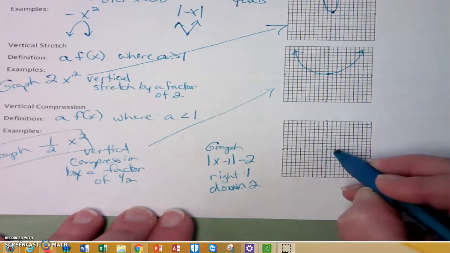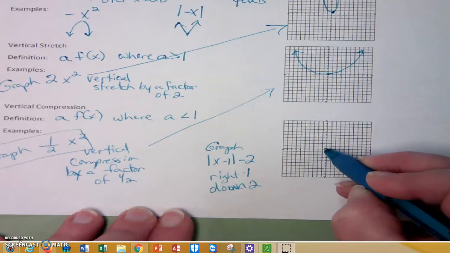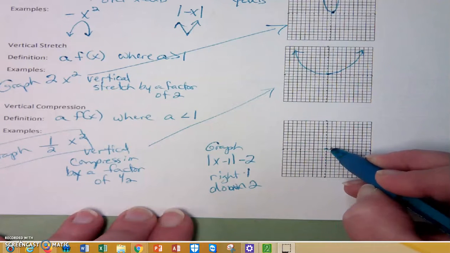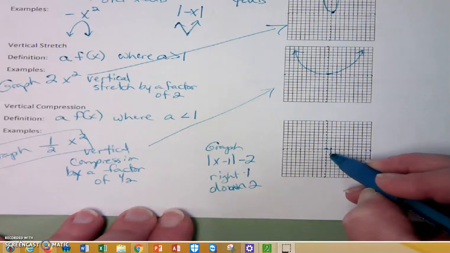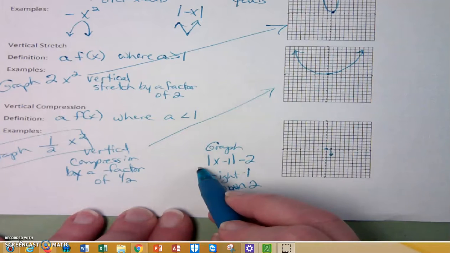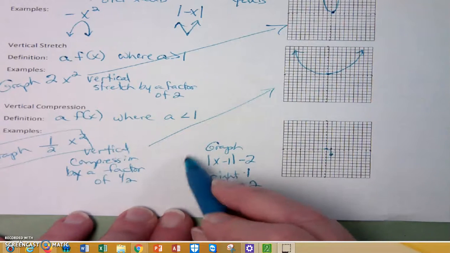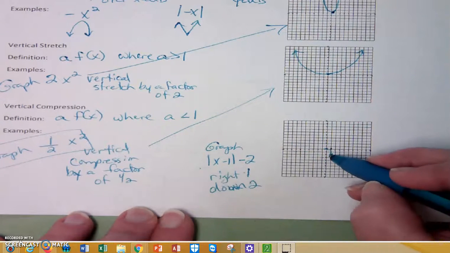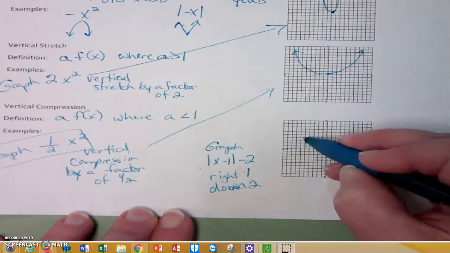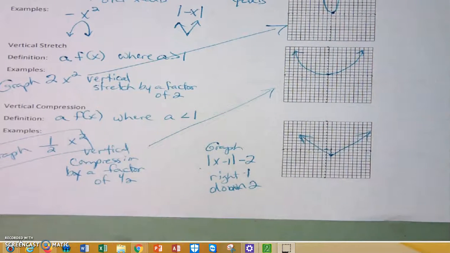So here is my origin. I'm going to go to the right 1 and then down 2. 1, 2. It's not being vertically stretched or compressed. There's no factor here. There's no reflection. And so I'm just going to have an absolute value graph going up, but the vertex has changed.